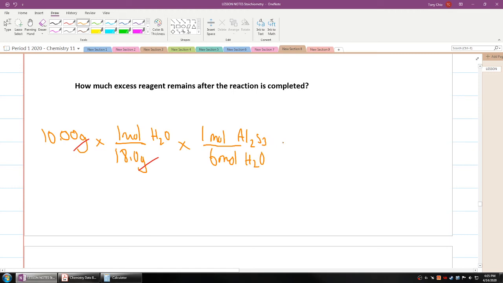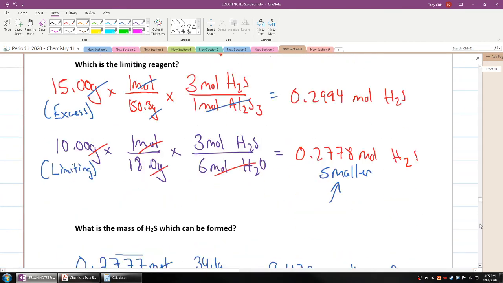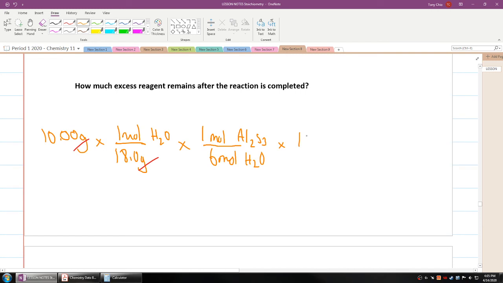Okay. And last but not least, I'm going to solve for the mass of aluminum sulfide, which is 150.3. So I'll multiply this by 150.3 grams over 1 mole of aluminum sulfide. And that will allow me to find the mass of aluminum sulfide that I used up.